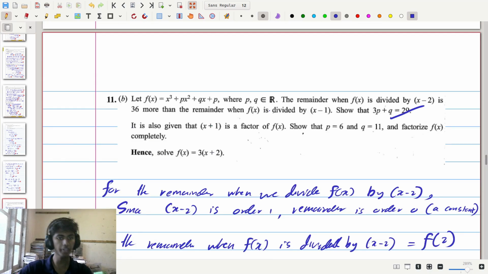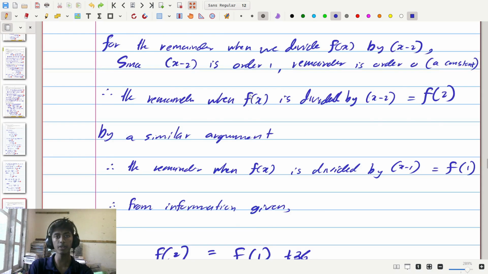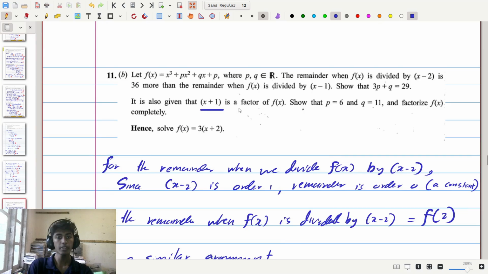Now for the second part, it says it is also given that x plus 1 is a factor of f of x. From the factor theorem, we know if you have a value that is a factor of another function, then when this thing becomes 0, the corresponding x value substituted into f is also going to give us 0.